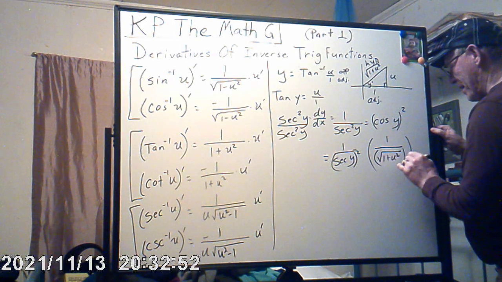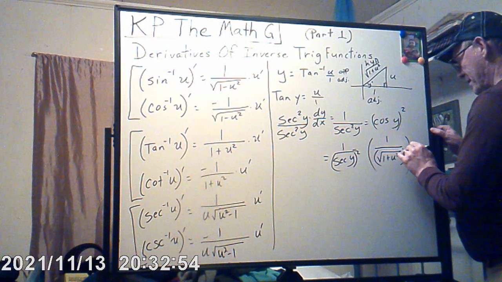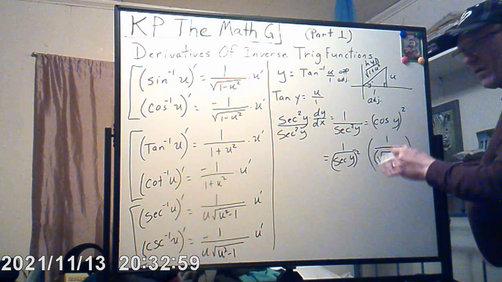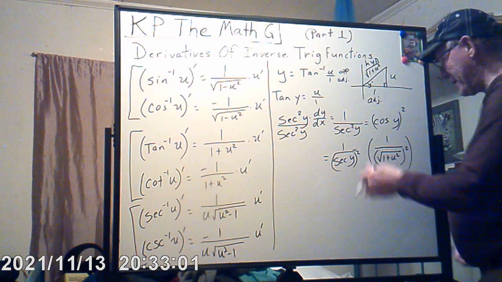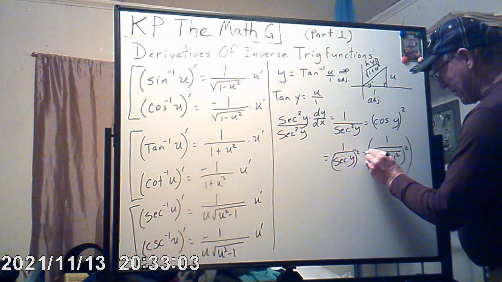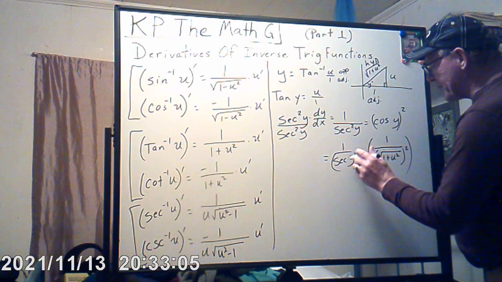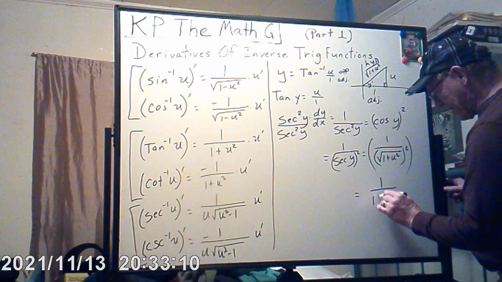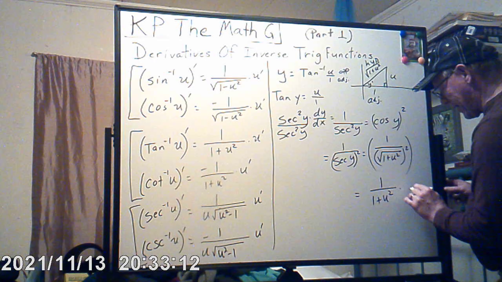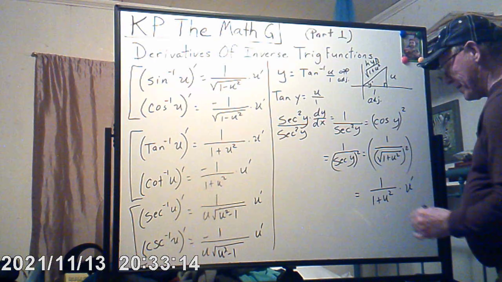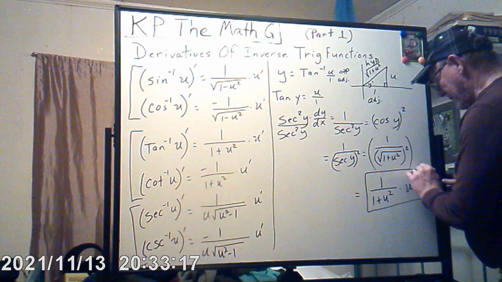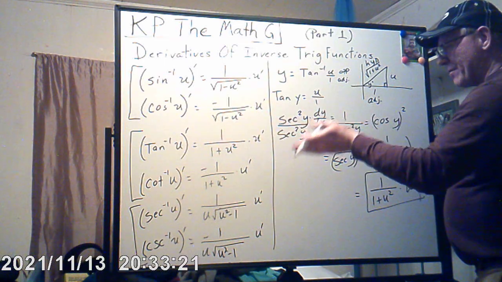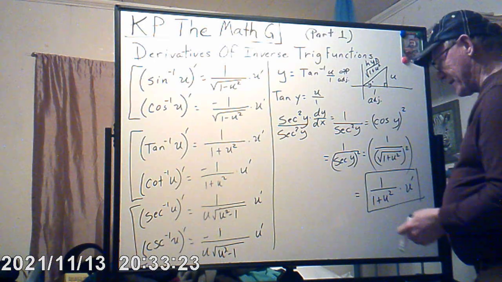But remember, we are squaring this. Now you know what a square does to a square root. It simply knocks it off. So now we have this equal to 1 over 1 plus u squared, and again, u prime. That is the derivation. We derive tangent.